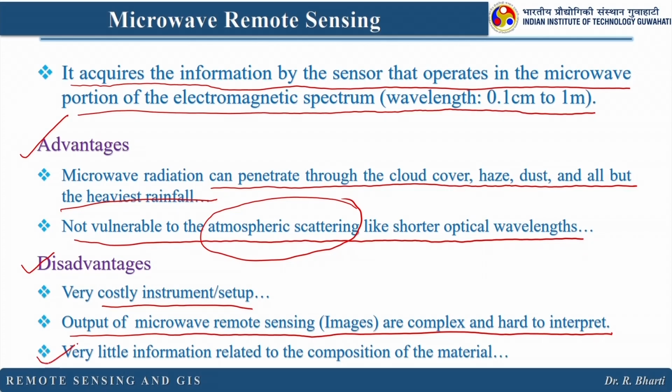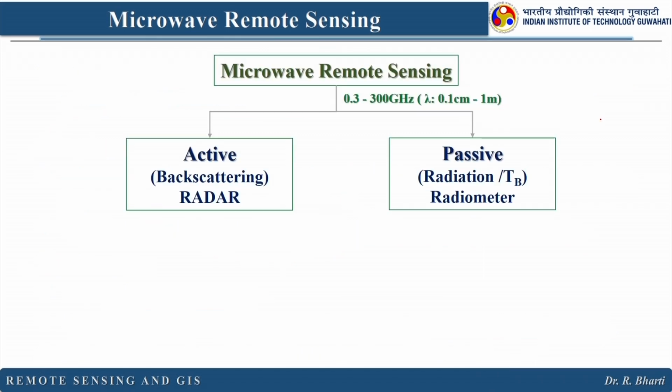The next point is that there is very little information related to the composition of the material, because this will give you more structural information, right, because this is based on the back scattered energy in the longer wavelength region, and the wavelength region is 0.1 centimeter to 1 meter.